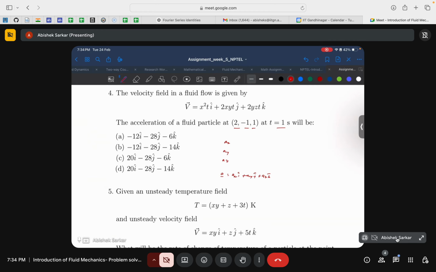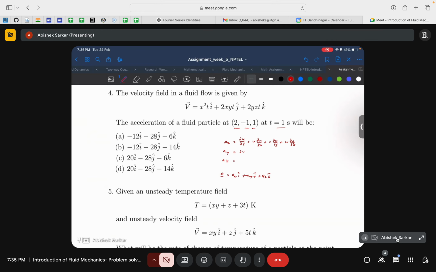So by 7:39, if you're getting the answer, let me know. There is no worry of right or wrong. I understand that I myself might make some mistakes sometimes, but just try to sort it out. Okay, so to help you out, maybe I'll give you the expressions for ax, ay and az. Meanwhile you can try to solve it out. If you already know, just try to solve it. So ax would be dou u by dou t, if I'm wrong, just let me know, plus u dou u by dou x plus v dou u by dou y plus w dou u by dou z.